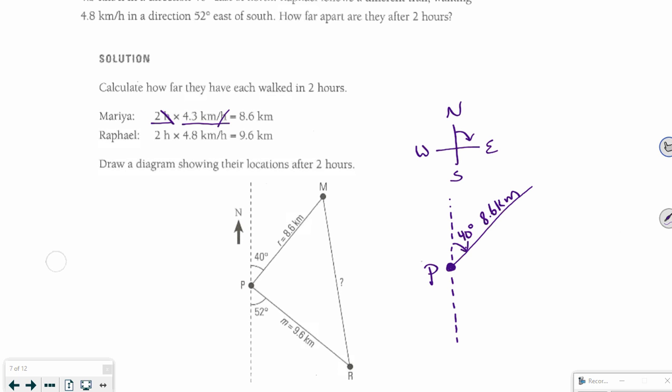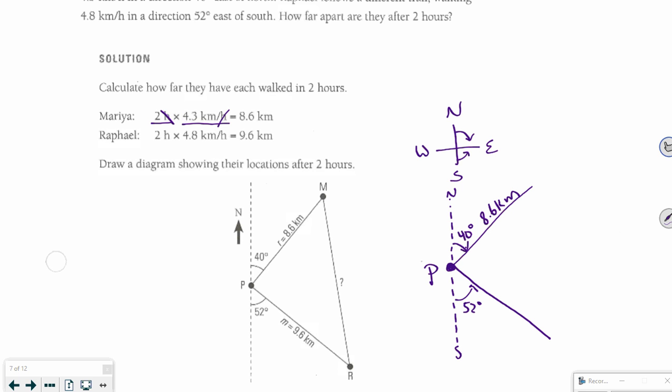For Raphael, it says he's going 52 degrees east of south. So you start at your south direction and go towards the east. So if this was north and this was south, east. So 52 degrees east of south, we go over 52 degrees towards the east.